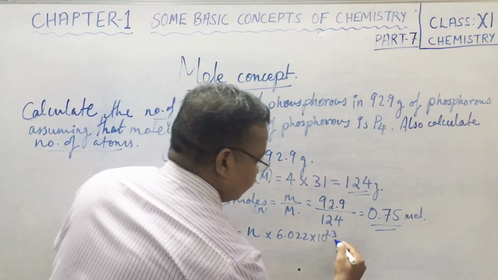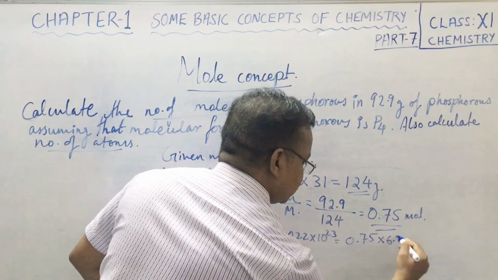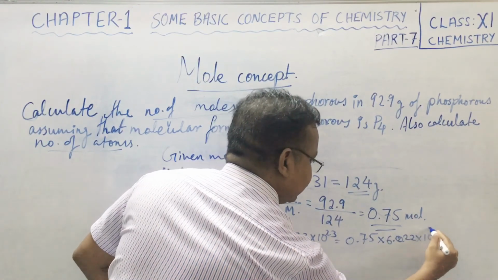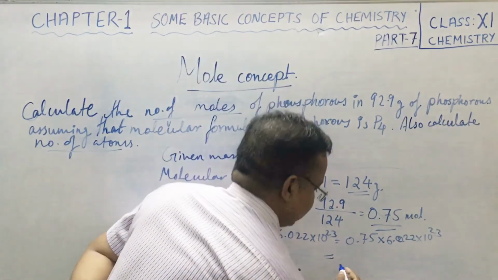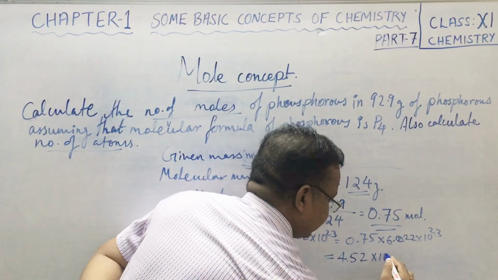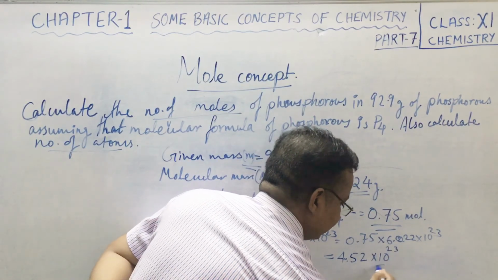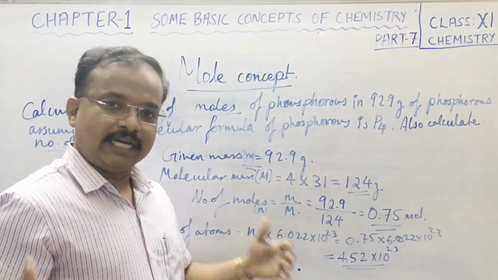That is equal to 0.75 into 6.022 into 10 raised to 23. Correct, children? So here we get 4.52 into 10 raised to 23 as the number of atoms or number of particles.